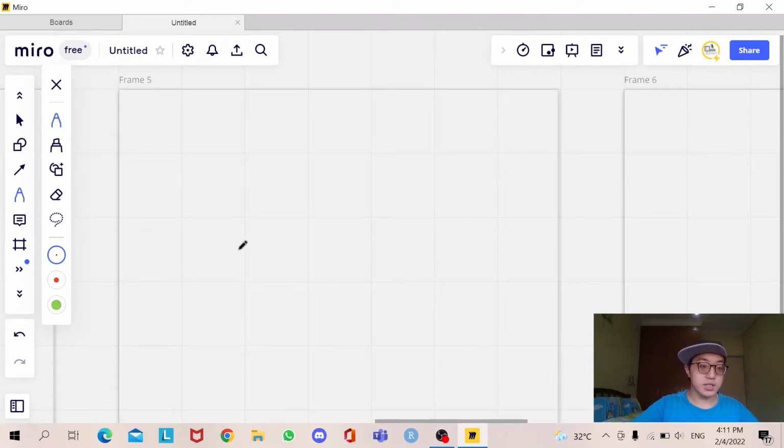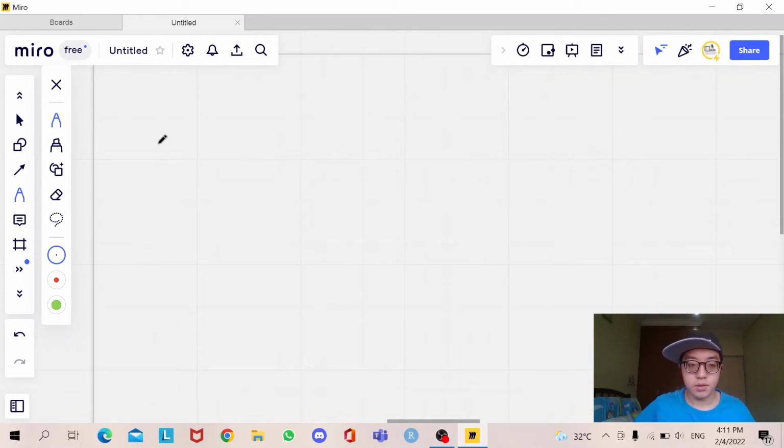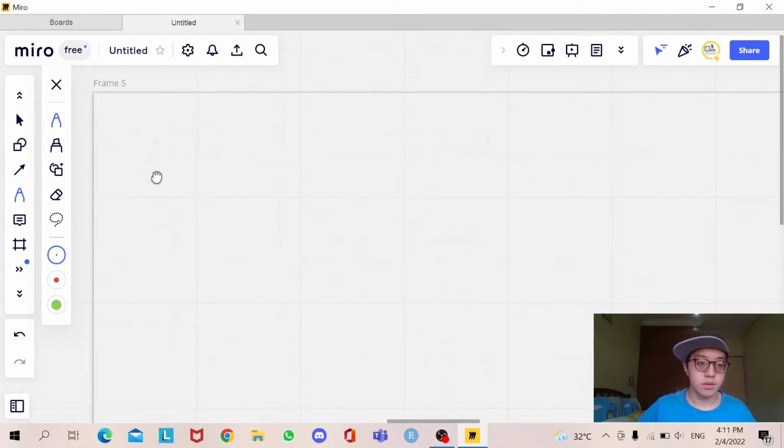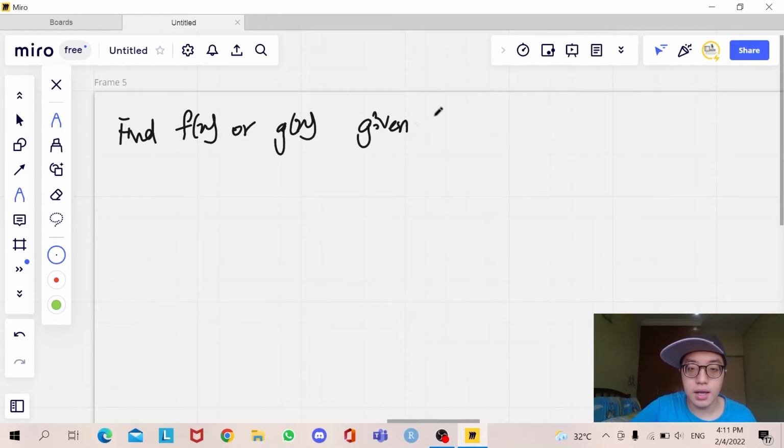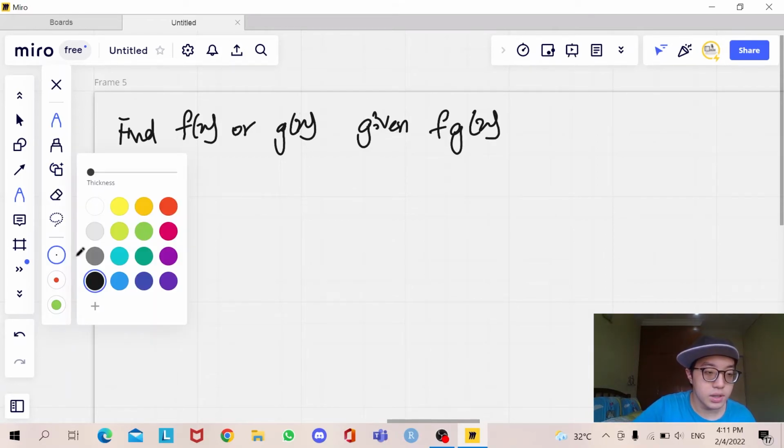This is another scenario where the question is given here. The title here is find f(x) or g(x) given fg(x). So first, example number 1.